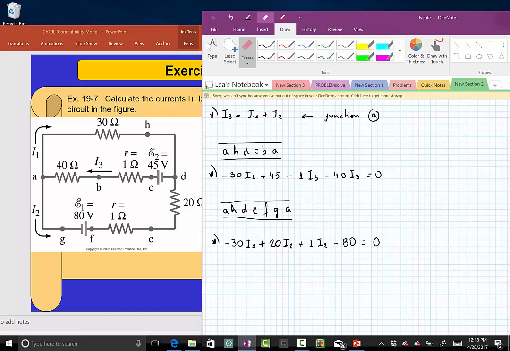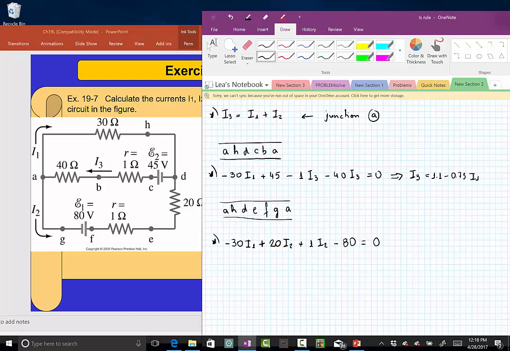And now it's just a matter of solving the equations. A good idea of how to proceed: this equation here depends only on I1 and I3, so a good idea is to isolate I3. You can work a little bit on this, and then you can double check that I3 will be equal to 1.1 minus 0.73 I1.